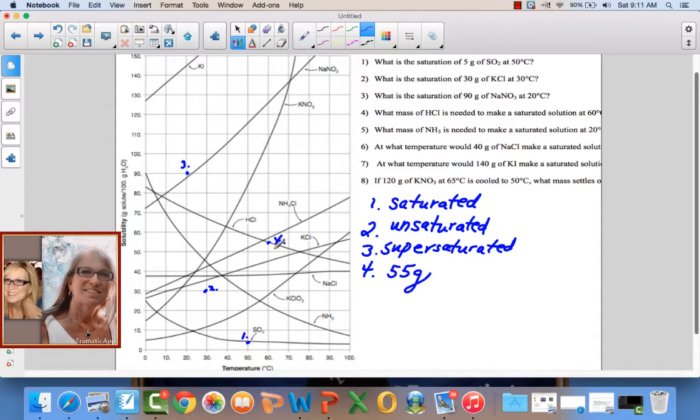So I went to 60 degrees, they wanted it to be saturated, and I saw where it intersected HCl and read the grams. What mass of NH3 is needed to make a saturated solution at 20 degrees? So 20 degrees, NH3, saturated, it's going to be right on the line, so that is going to also be 55 grams.